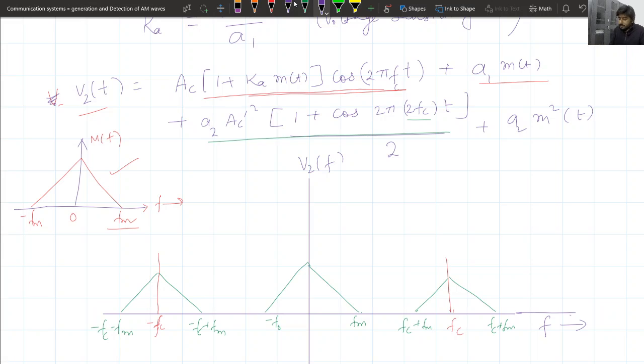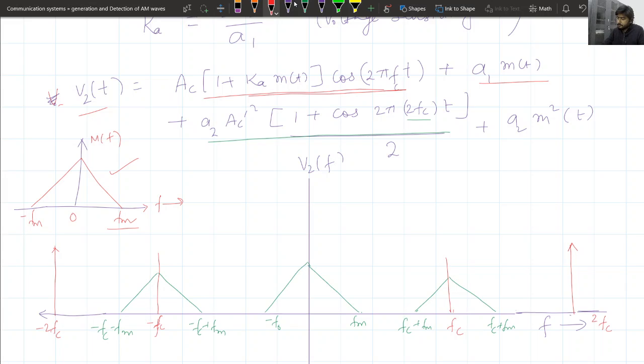So if we extend this axis a bit forward, then we can represent fc. So 2 times fc, 2 times fc, and here will be minus 2 times fc, in terms of the delta function.